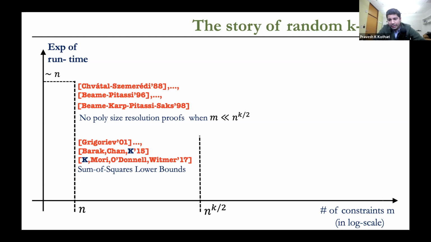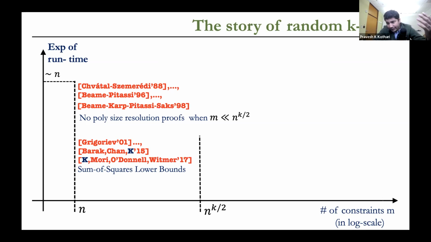And people for a long time have studied the question of whether there are short proofs that can prove to us that these formulas are unsatisfiable. And this was begun in a really cool paper of Chvátal and Szemerédi from 1988. And there were lots of influential follow-ups, including some famous papers of Tony, that eventually told us that there are no polynomial-sized refutation proofs if the number of clauses is much smaller than, let's say, n to the k over 2.